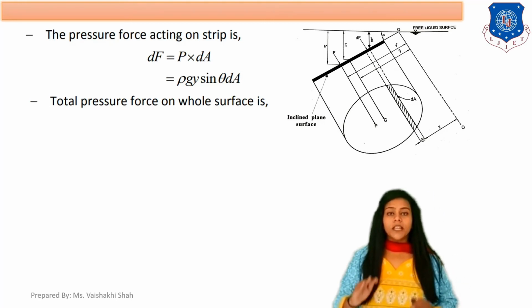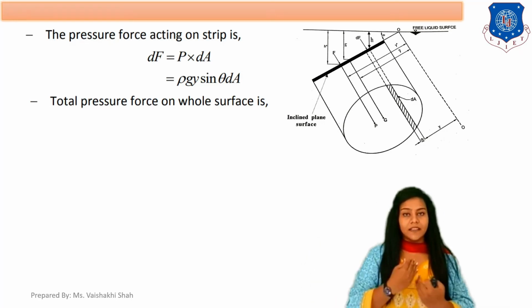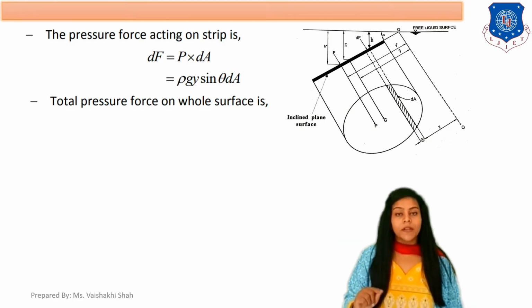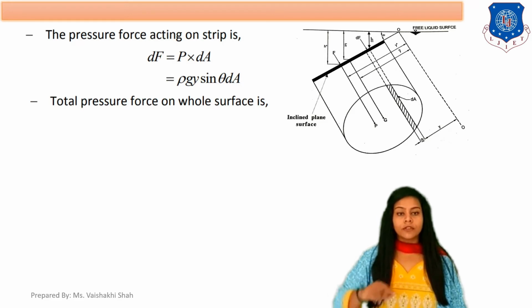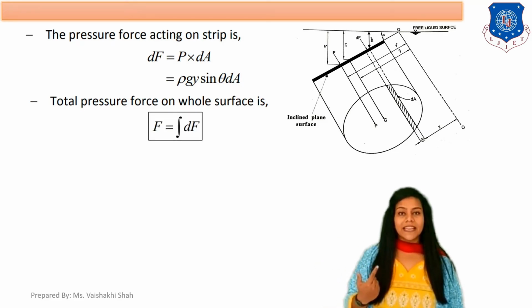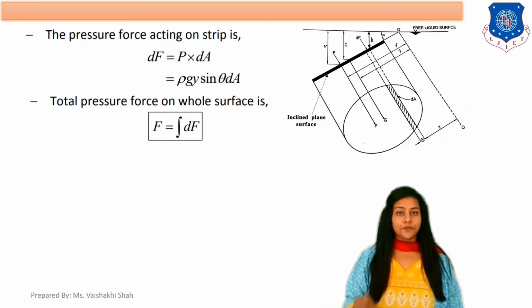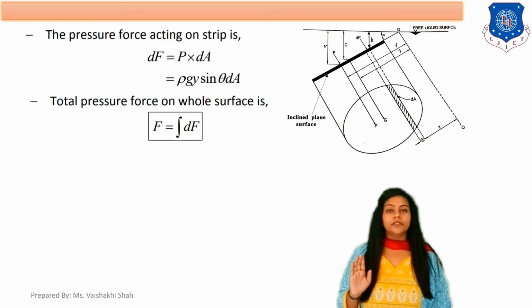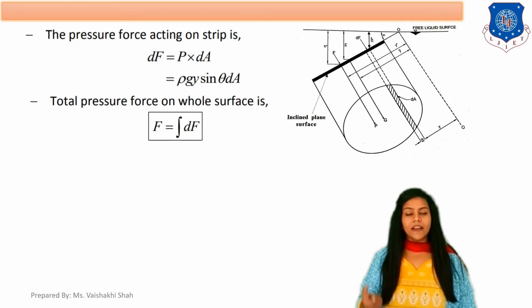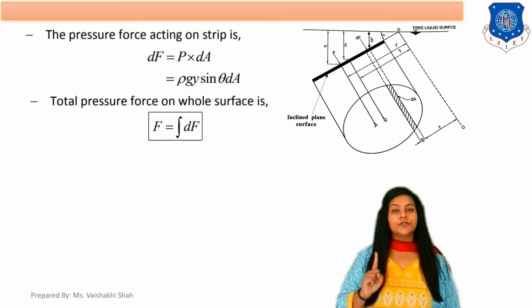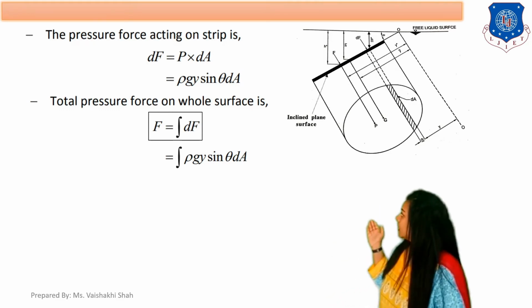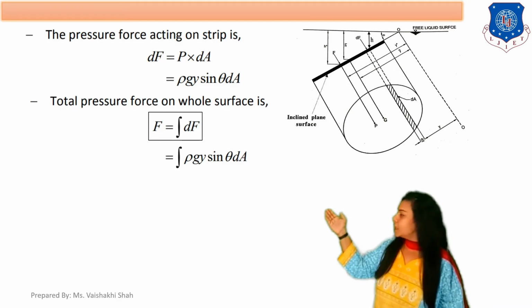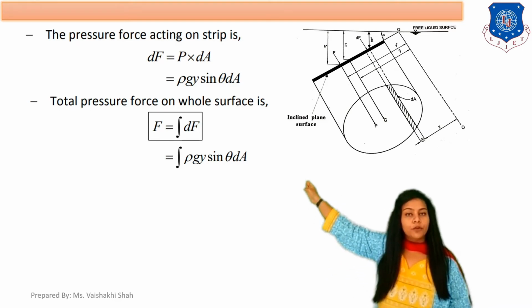Now, the total pressure force on the entire surface is F equals integration of dF, where dF is the force on a single strip. We know dF is rho g y sin theta into dA.